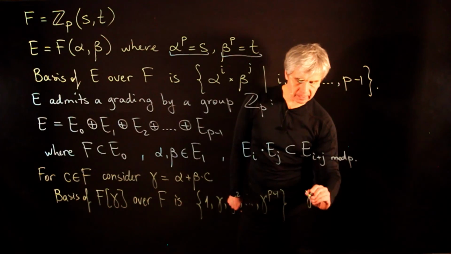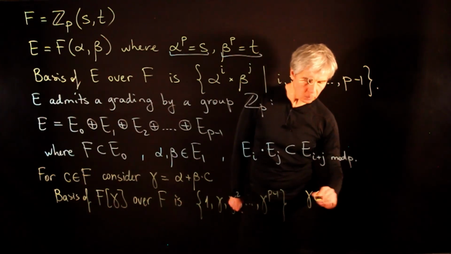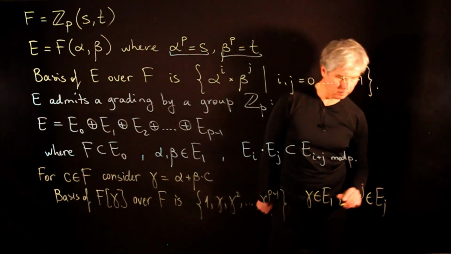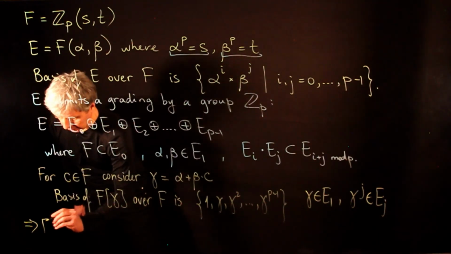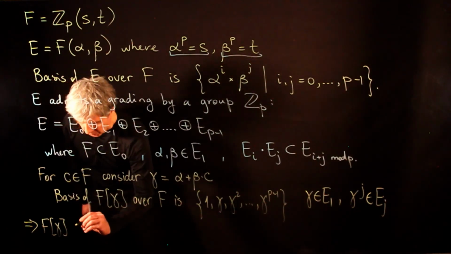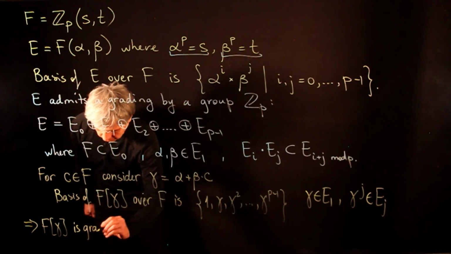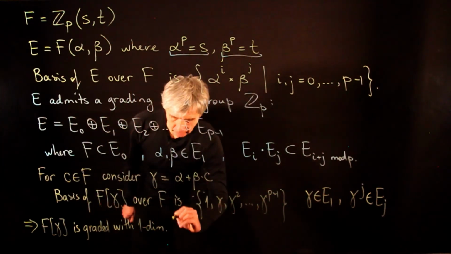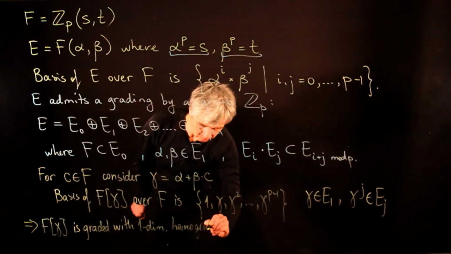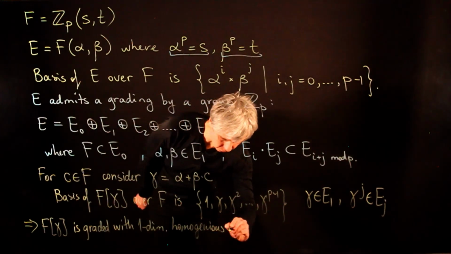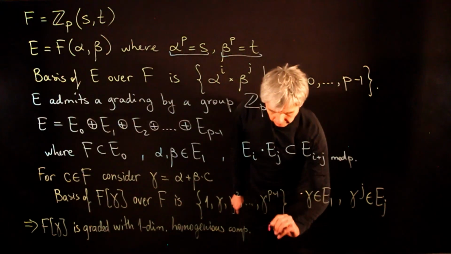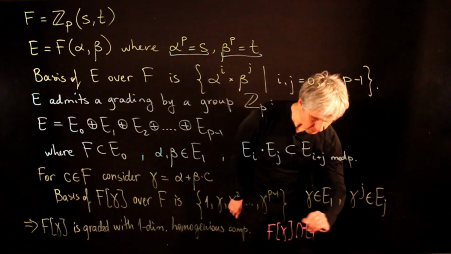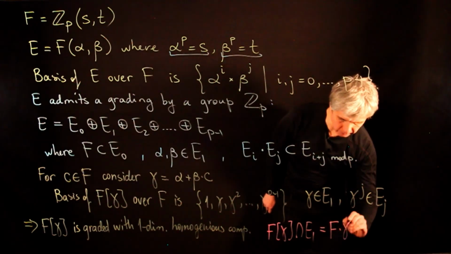But what we have here is that gamma belongs to the component E1 and gamma to the power of j belongs to the component E_j. This tells us that the field F(gamma) is also graded with one-dimensional homogeneous components. And the intersection of F(gamma) with E1 is just all multiples of gamma.